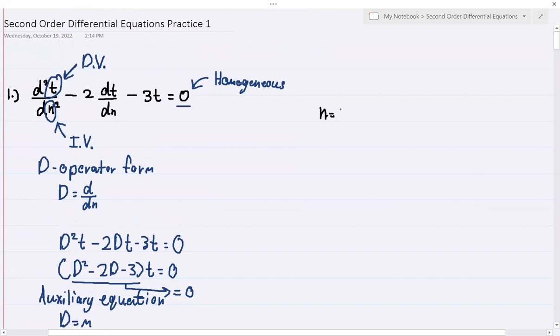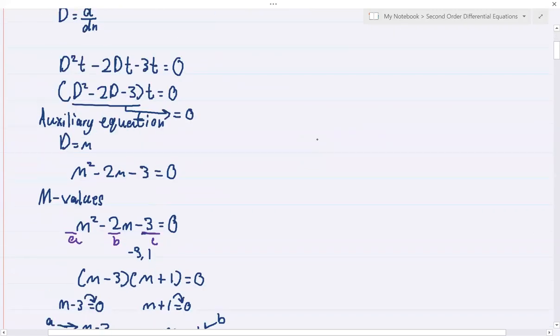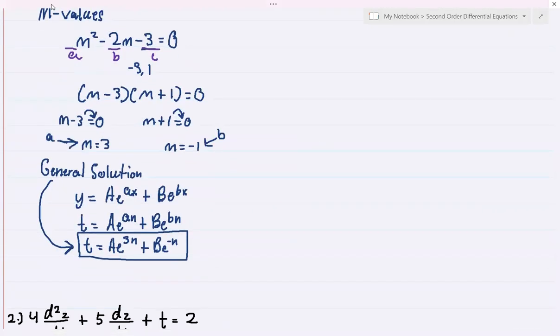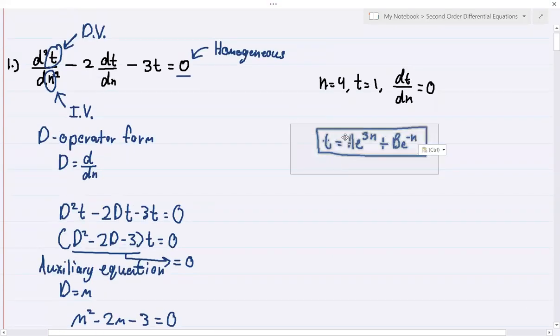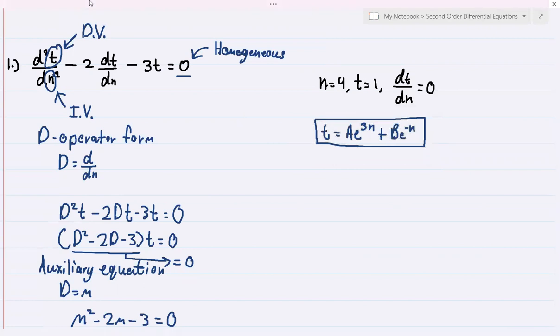We have your n is equal to 4, your t is equal to 1, and your dt all over dn is equal to 0. So let's find our particular solution. Obviously, we're going to substitute everything in your general solution. So we will put it here. There you go.